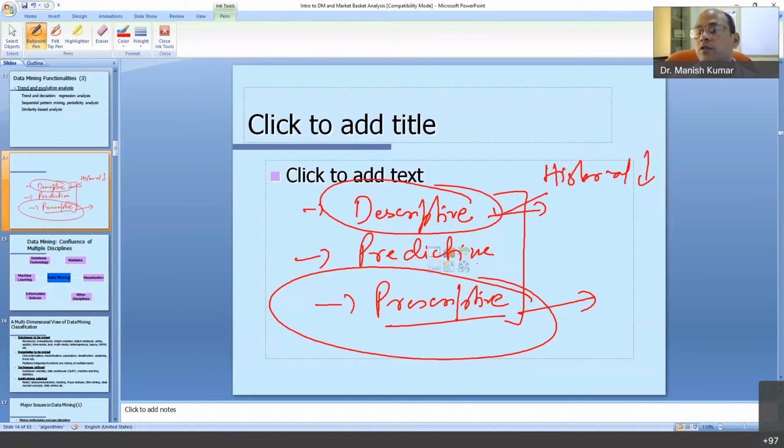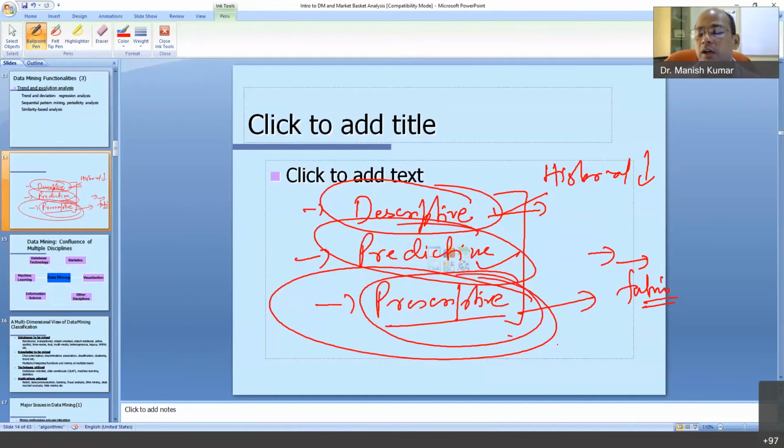Predictive analysis also uses historical data, but you are predicting for the future as well. So future prediction is involved in predictive analysis. There is a minor difference between descriptive and predictive. Prescriptive analysis again uses historical data, but there are a lot of actions you can suggest.